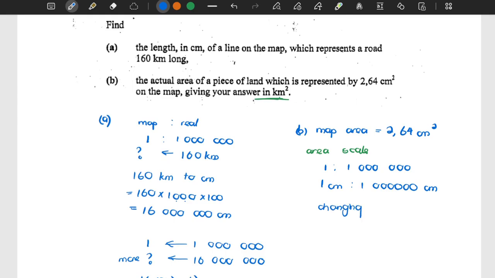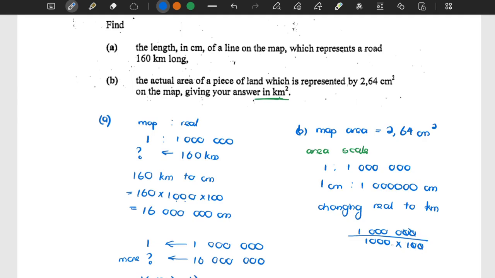So changing real to kilometers, right? So we have 1 million divided by 1,000 of changing from kilometers to meters, and then 100 of changing from centimeters to meters.